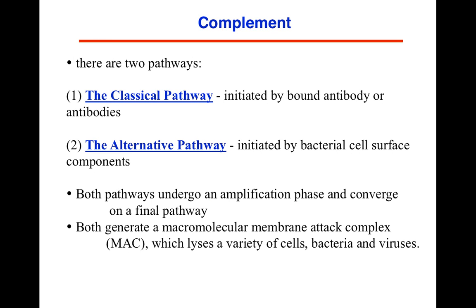The first is referred to as the classical pathway, and it's initiated by a bound antibody or antibodies. The second is referred to as the alternate pathway, and that does not need antibodies. It's initiated by bacterial cell surface components. Both processes undergo an amplification phase but converge on the same final step.